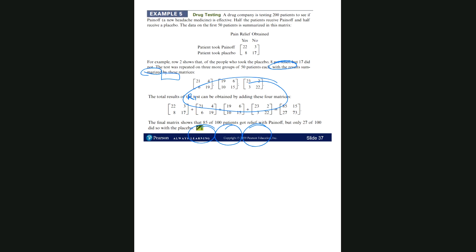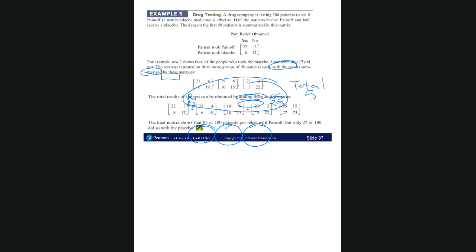The total of those patients, you can see here, 22 plus 3 is 25. Now, R2 represents the patients who took the placebo, and we get 8 plus 17, that is also 25. So those 25 plus 25 will give you the total of one trial, which is 50.